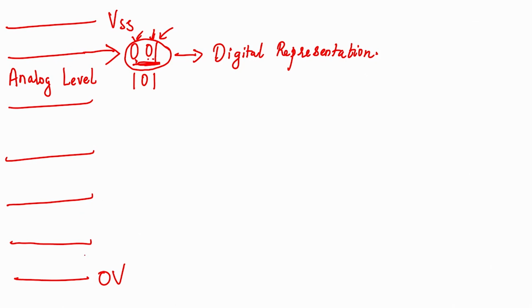Now we have also seen that the base is 2. For us to use all the digits with full efficiency, let us say we have 3 digits here, the number of levels that we divide our analog domain into should be a multiple of 2.